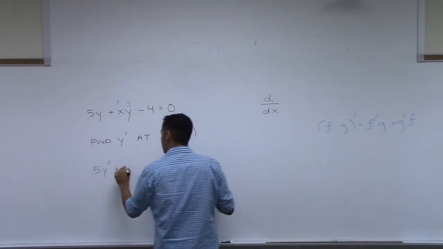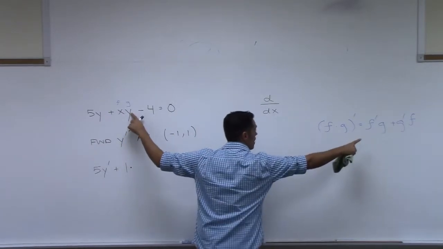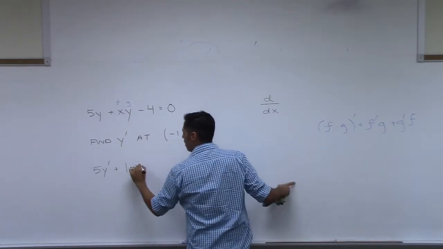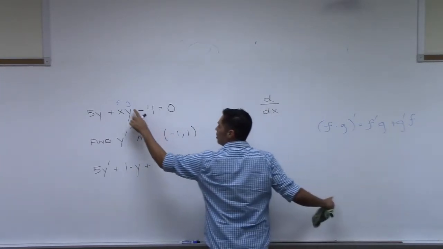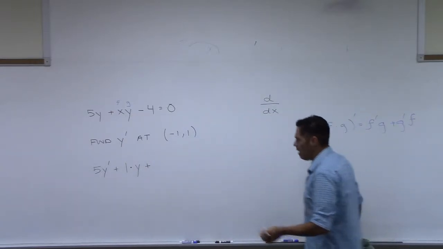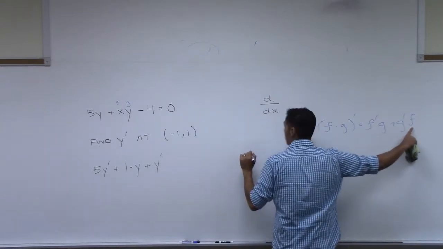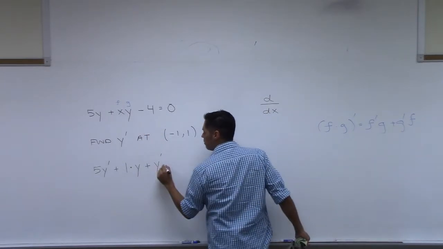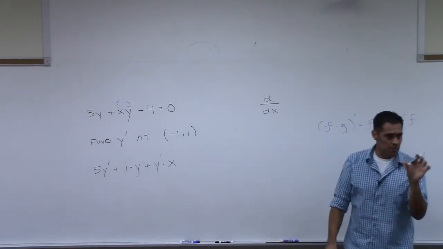So this is going to be 1 times y, so no derivative, right? That's what this says, so just y. And then plus, according to the formula, g prime, which is the derivative of this. What's the derivative of y? y prime. And then we're not done, times f, and that means times x. Okay, so that's finishing off that product rule in the middle.